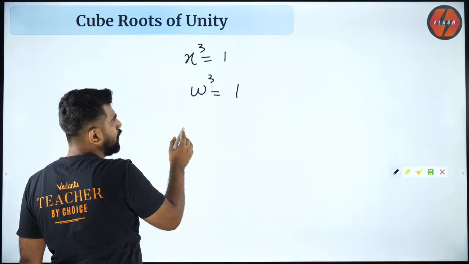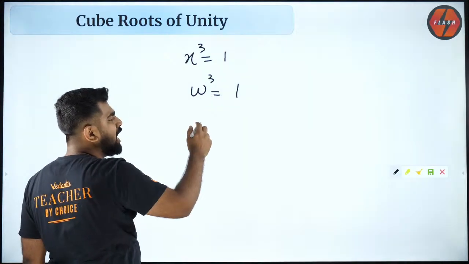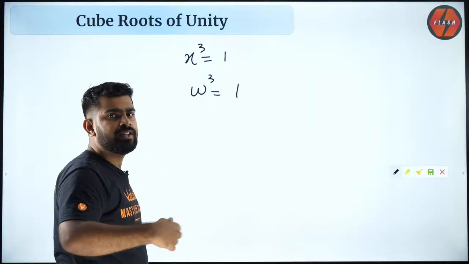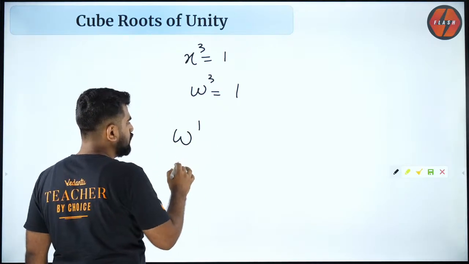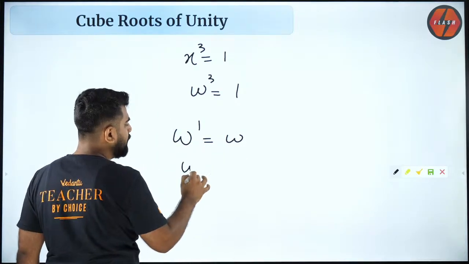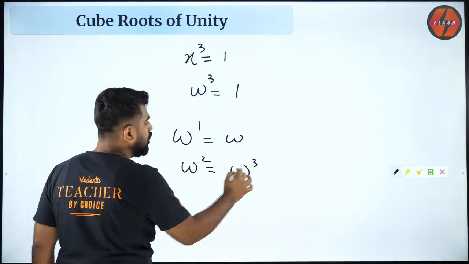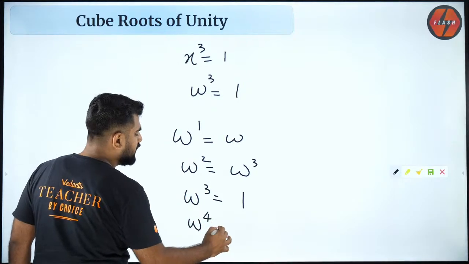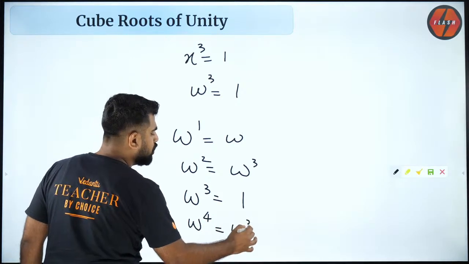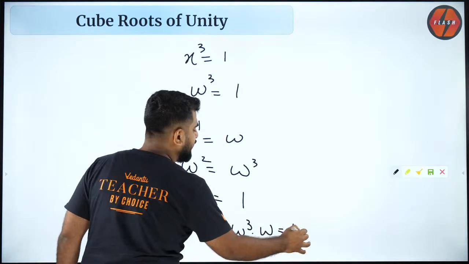The powers of omega will cycle in periods of 3. Omega power 1 is omega, omega power 2 is omega square, omega power 3 is equal to 1, omega power 4 is equal to what?